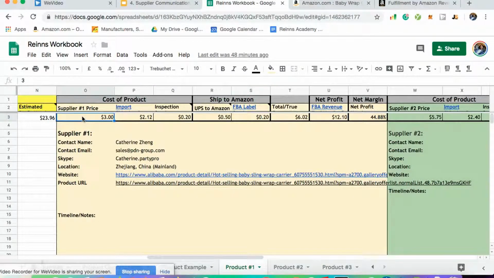Number one, the price of the product. This is what you get from the supplier, and this is actually the total price we'll be paying the supplier. Like I've told you, it's inclusive of any packaging, inserts, logos, and everything. Everything the supplier is going to give you, and remember, we are dealing at per unit level.